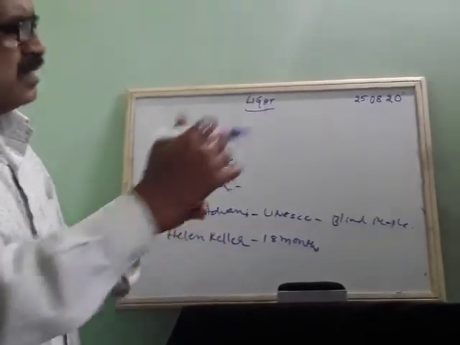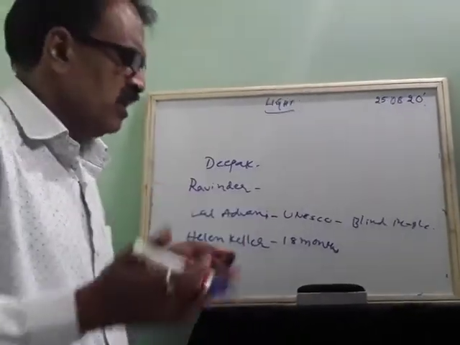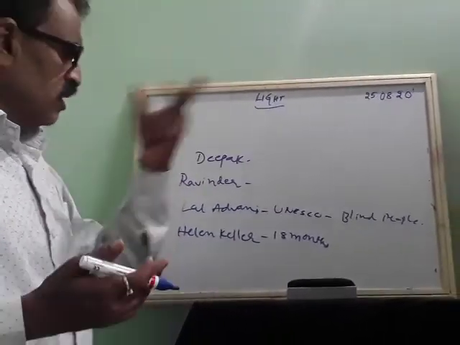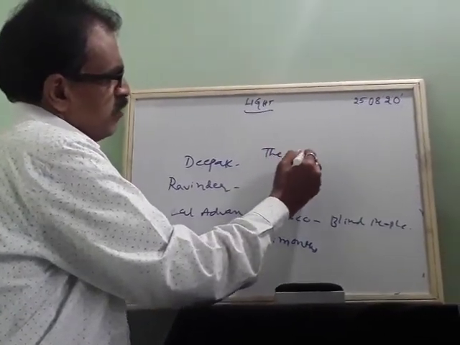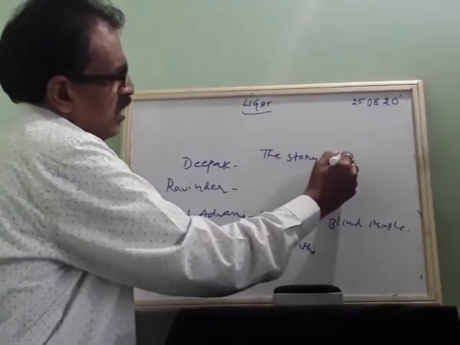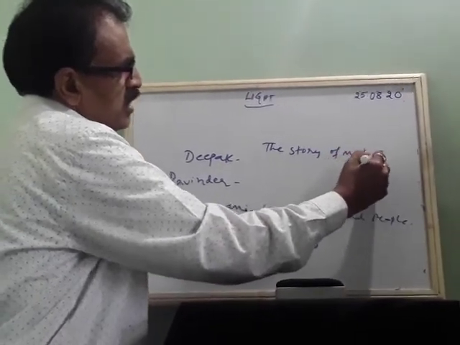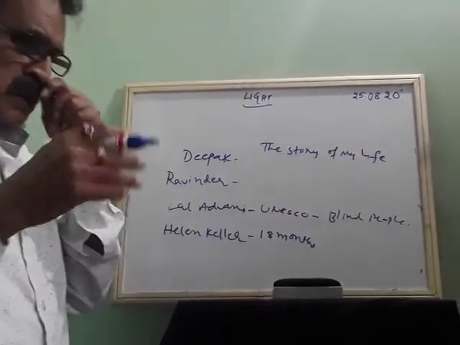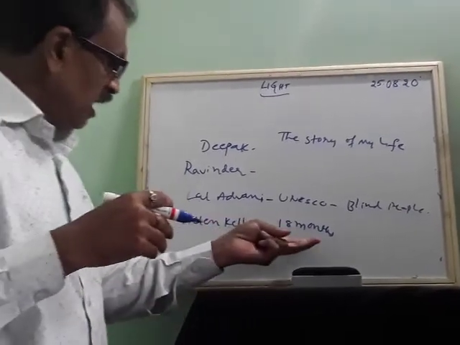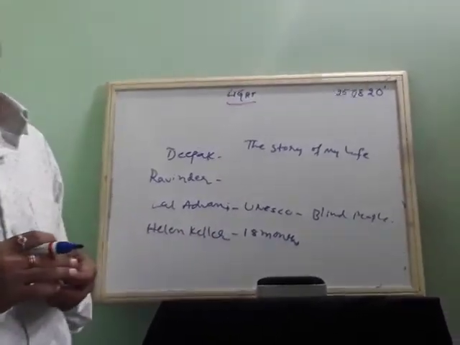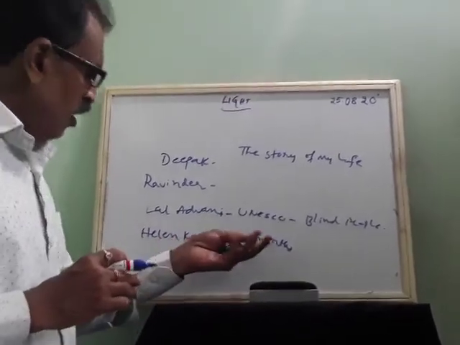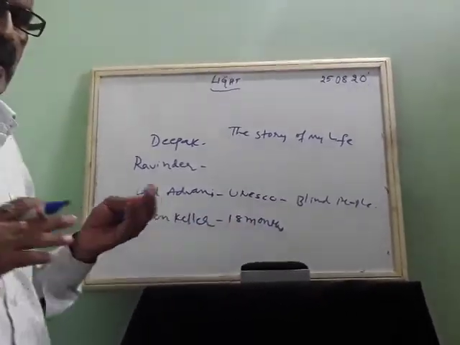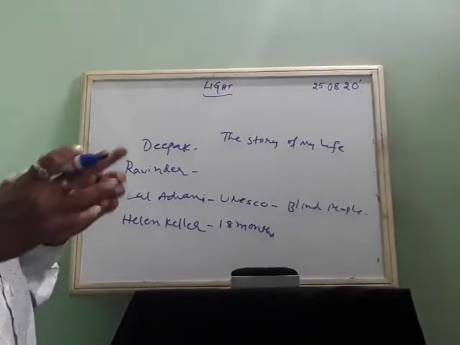No. She studied Braille language, she studied everything. She wrote many books. One of the books is The Story of My Life. She was a great writer and author, and she also started a school for the blind, which is useful for the blind. On her name, there are many awards given for blind people.